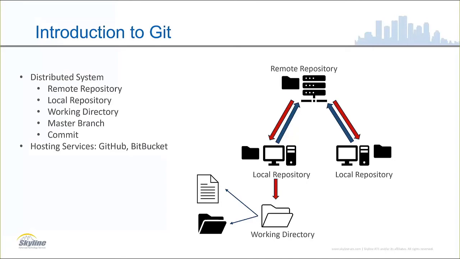A good analogy of a master or really any type of branch is to think of it as a folder, right? That's not really what it is, and I don't want anybody to walk away from here and say, hey, the branch is a folder, because that's not what it is. But it's a good way to think about it, because I can have my master branch, which is most of the time our production code.